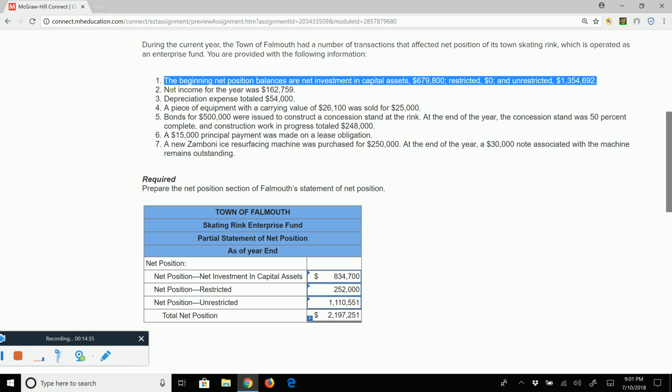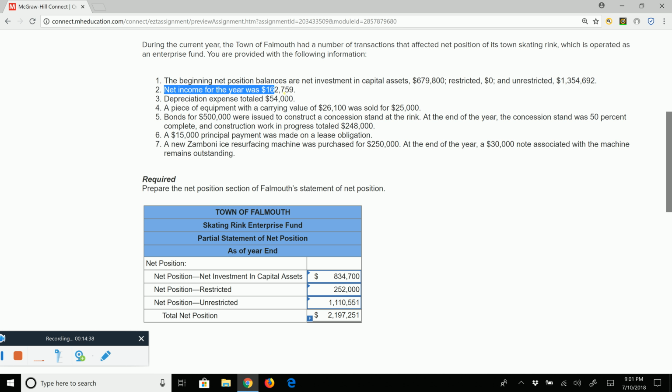Now number 2 says net income for the year was $162,759. And as we just saw on the last homework problem that we went through, the net income is closed out first to the unrestricted category. That's the first thing we do.